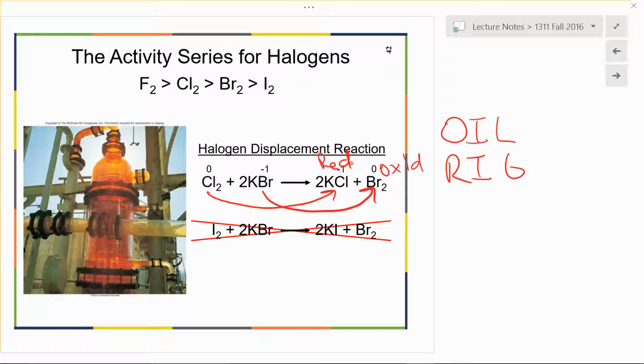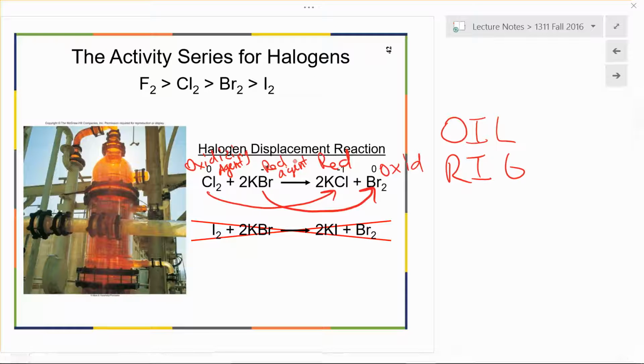So chlorine is a what? Agent. If it was reduced, it's the oxidizing agent. And bromine is the reducing agent. Okay, so that's how we would identify this.